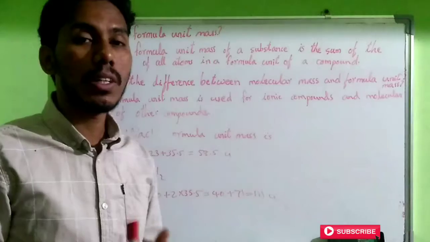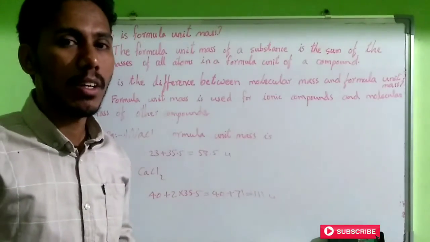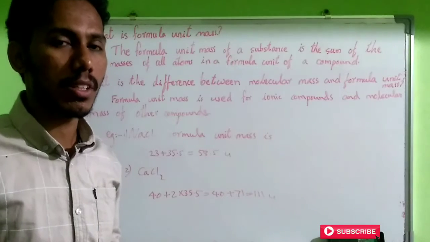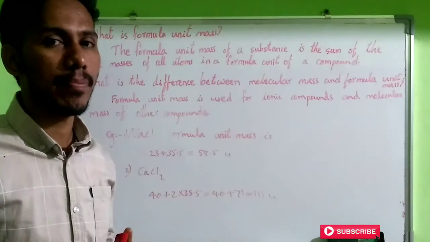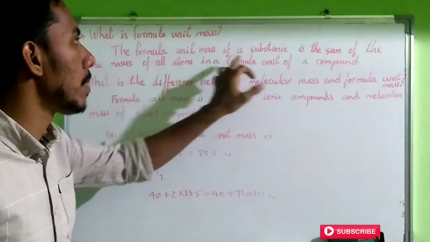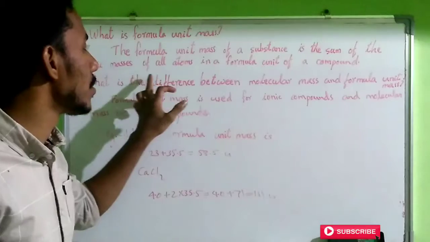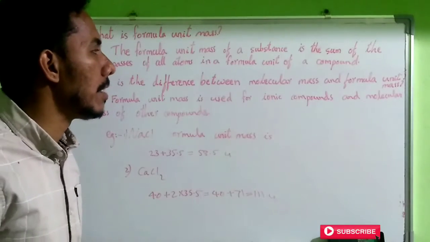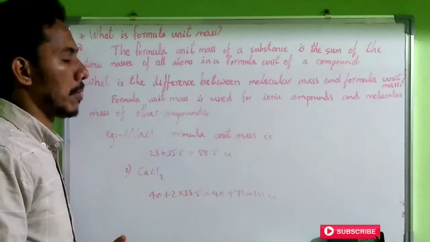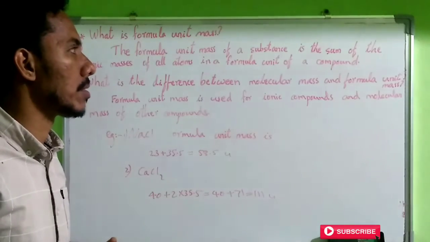Okay, then what is formula unit mass? It is similar to molecular mass, entirely similar. The formula unit mass of a substance is the sum of the atomic masses of all atoms in a formula unit of a compound.